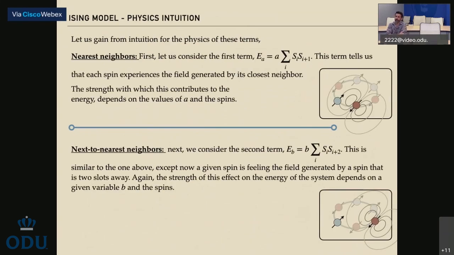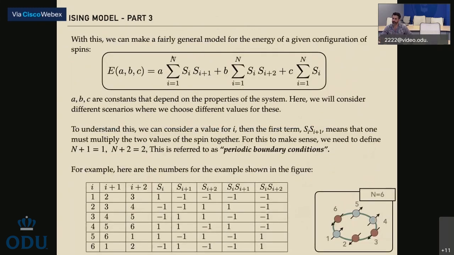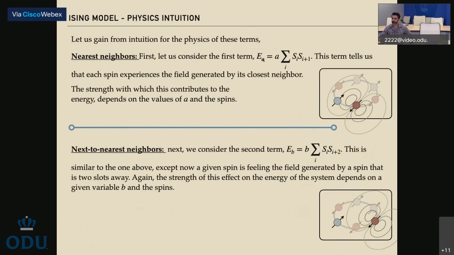All right. To define where physically these expressions are coming from, let's think about each one of the terms separately. The first term in the energy expression over here, let me call that one EA. This is just the coefficient A times the sum of the products of each spin with the closest nearby spin.